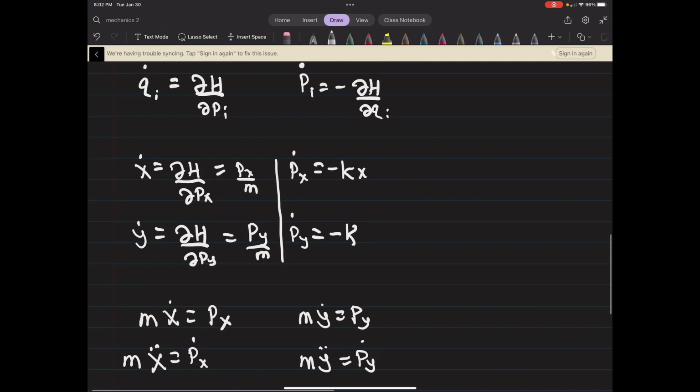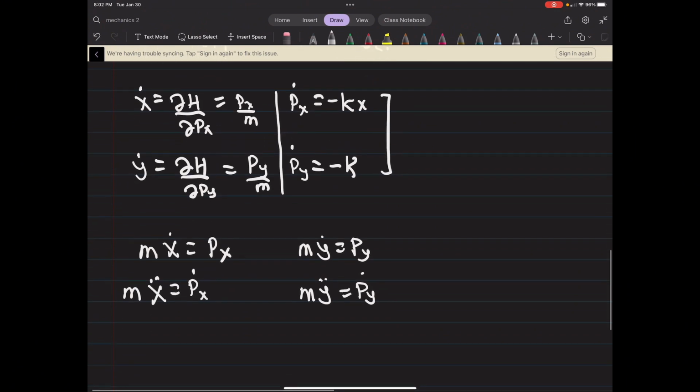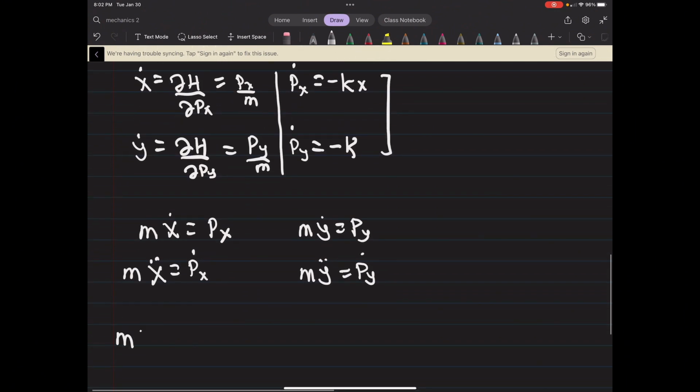And of course we solved for those up here. So we have m x double dot equals minus kx and m y double dot equals minus kappa.